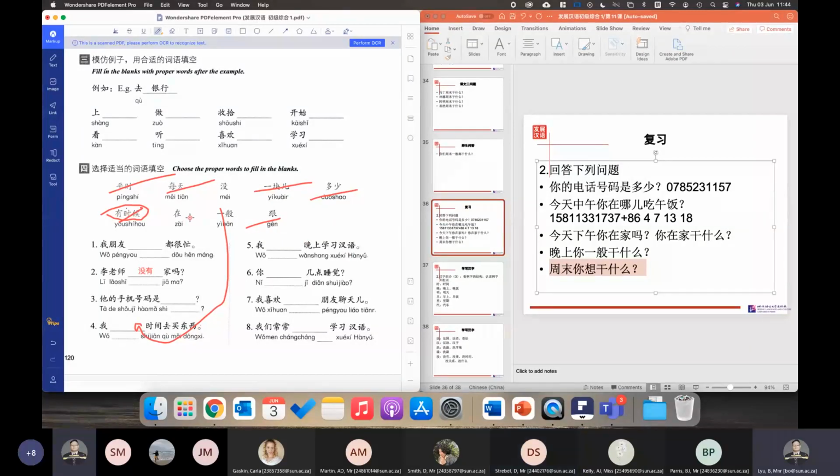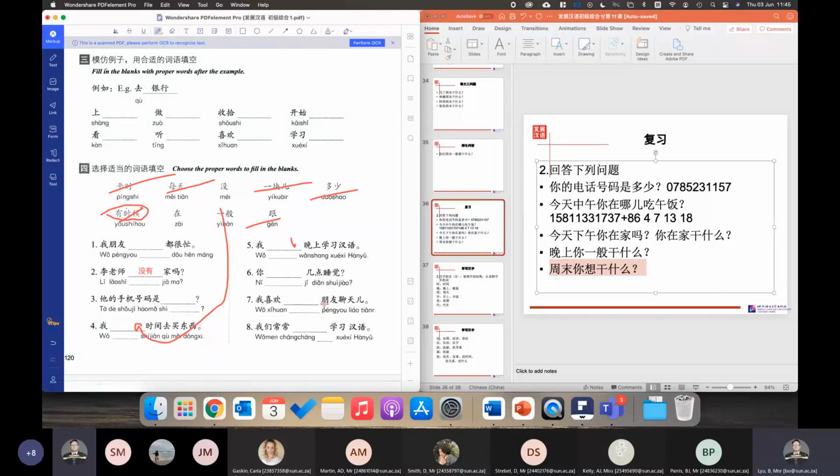And 有时候? Yes, we can use 有时候 here as well because there's nothing indicating always. 你几点睡觉? 你每天几点睡觉? 你一般几点睡觉? 你平时几点睡觉? We probably won't say 你有时候几点睡觉, because we're trying to find out general information. When do you go to sleep?